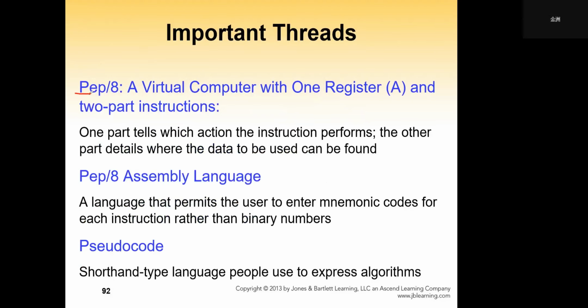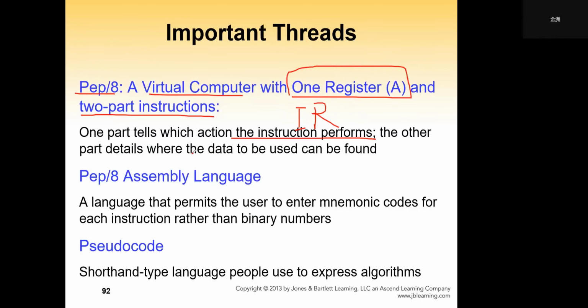And we introduced Pep/8. It is a virtual computer with an 8 register for the accumulator, and it has two other registers for the instructions. One part tells which action the instruction performs, that is the IR register, the instruction register.